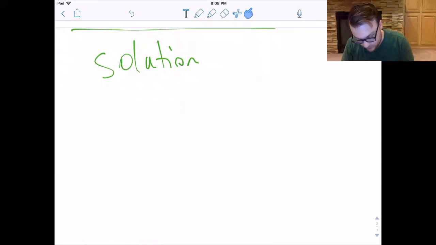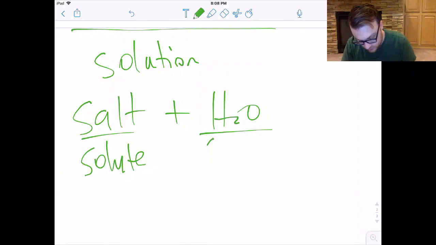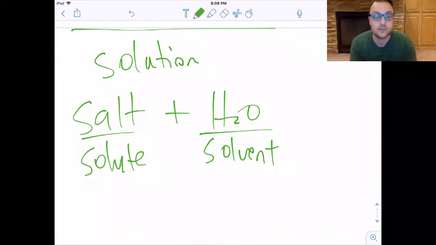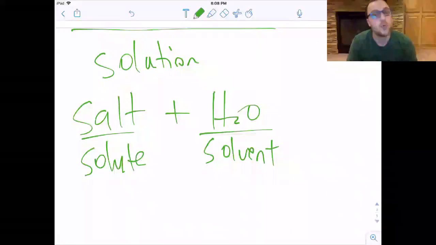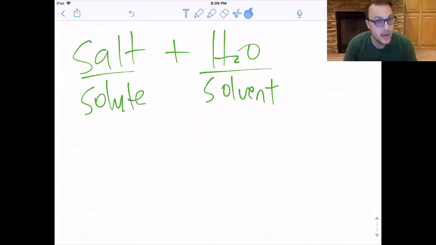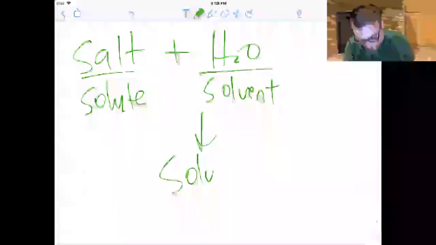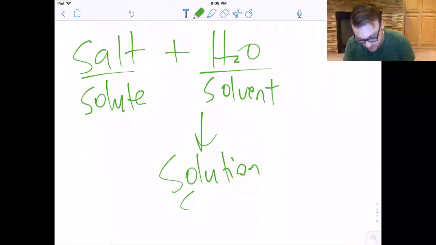For example, salt, a solute, plus water, your solvent. Salt is what's being dissolved in the water, which is the solvent. They won't chemically react. The salt is just going to mix with the water, so you get a solution. In this case, it's salt water.